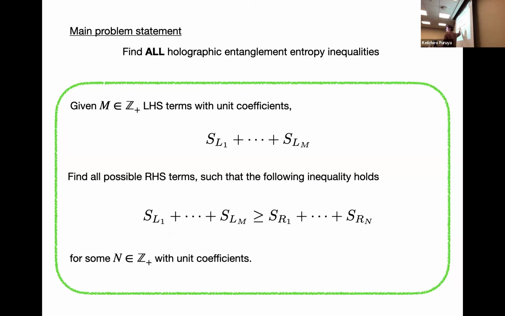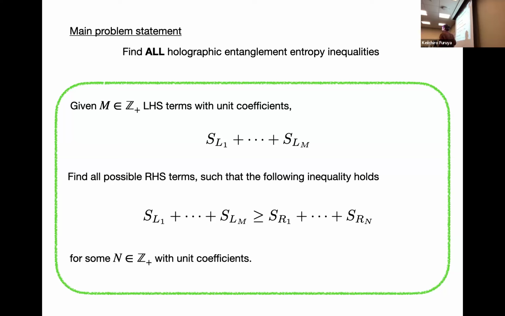So think about the convex combination of entanglement entropies with unit coefficients. And L1 to Lm you can think of as a vacant box where you can put subregions. So L1 can be AB or ABC or ABCDE, some entanglement entropies of composite quantum systems. And Lm also can be like GHI or something like that.